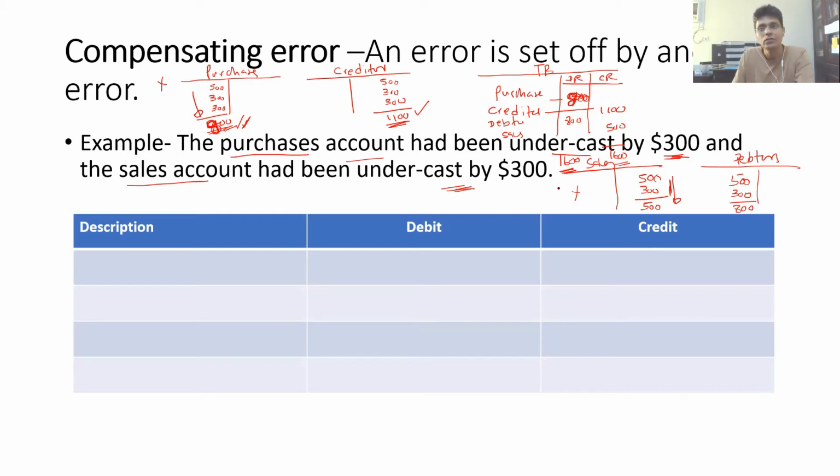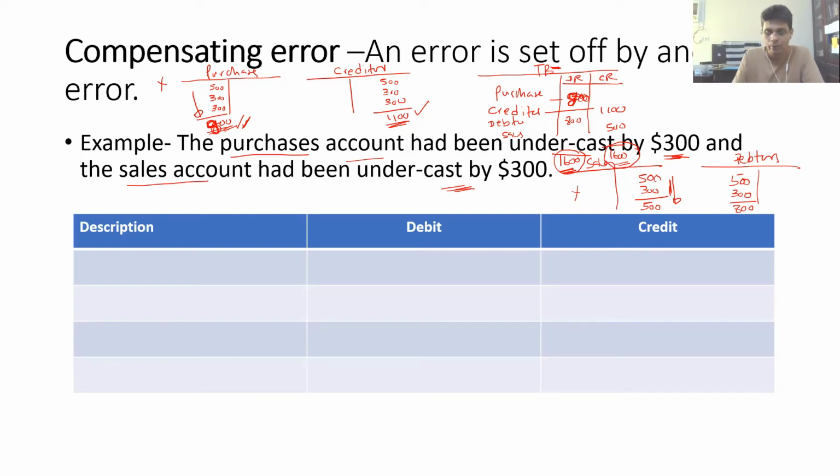Therefore, when you take the trial balance, the debit side is 1600 and credit side is 1600. The trial balance is balancing, but there is an error. So this is what I told you at the beginning. These are the errors that will not reflect in the trial balance. Okay. So in order to rectify this, what is the entry that you should do?